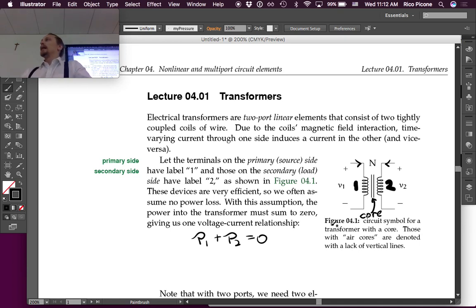And the instantaneous power, we know, is defined as the voltage times the current. So this tells us that the product of voltage and current on one side is equal to the negative product of the voltage and current on the other side. So that's one relationship between voltage and current.